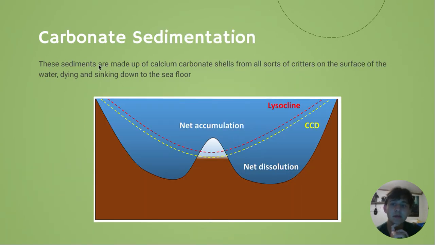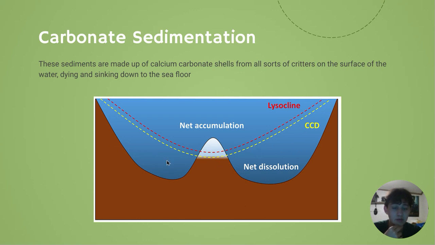We got carbonate, which is one of the more interesting sedimentation types, because when there's organisms up top, they're going to be dying, and then their shells are going to be floating down past the lysocline, and right in here is about where their shells will start actually dissolving, because the lower you go in the ocean, it's going to be more acidic, and by the time they get down to the CCD, it's going to be almost entirely dissolved.